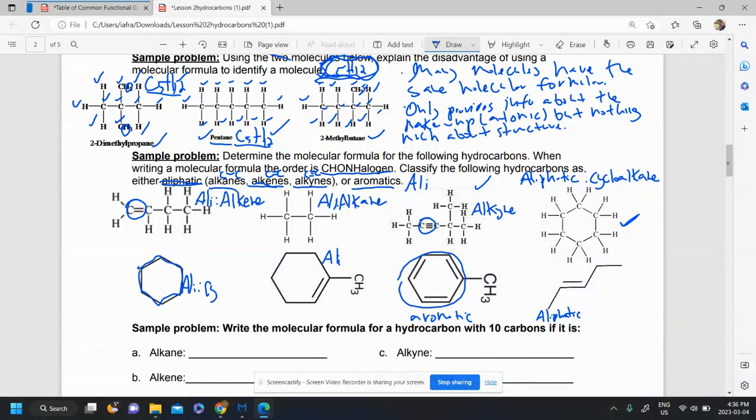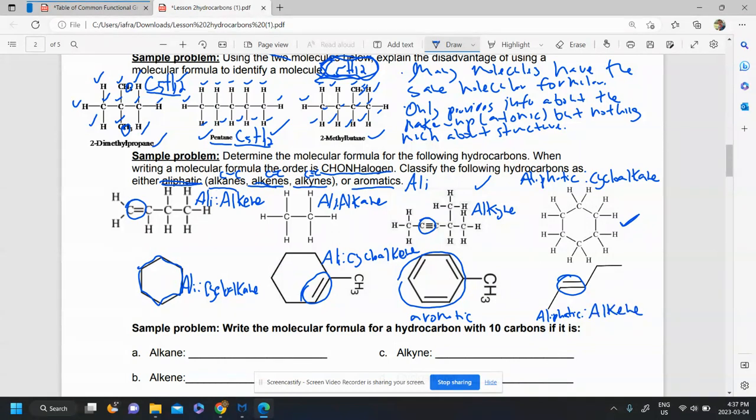So I'll call it a cycloalkane. Here I have the double bond, so that's an alkene, but it's a ring, so cycloalkene. Here, well, it's just aromatic, it's just benzene. Here we have a double bond, so that's an alkene.